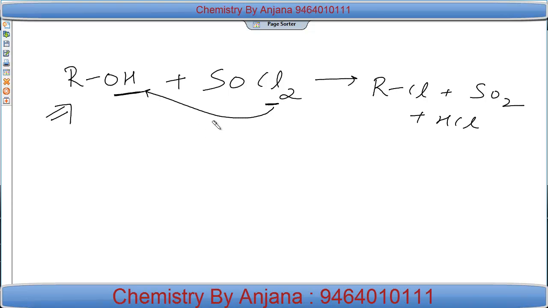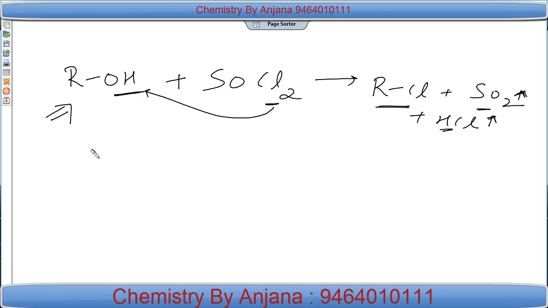And why so? Because in this method, both the byproducts which we are getting are gaseous, and gaseous byproducts escape from the mixture as soon as they form. So there is no trouble of isolation or purification of the alkyl halide formed, as both the byproducts are gaseous. So this is the best preferred method for halogenation of alcohols.